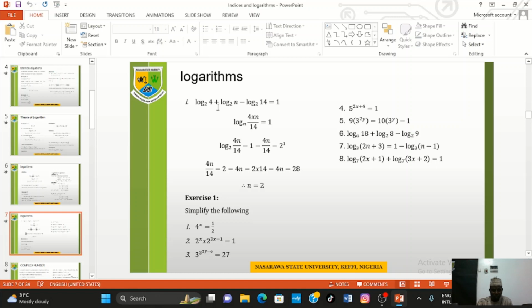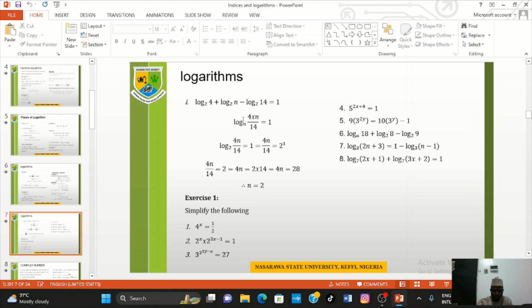So in this case, remember, when you are plotting this, the logarithm of a certain number plus another logarithm of a certain number, we can multiply, transform it to multiplication. And when you are minusing, it can divide. So the left hand side can be transformed to log 4 to base 2 plus log n to base 2, which becomes log of 4 times n to the base 2.